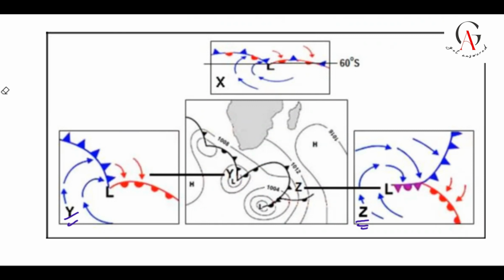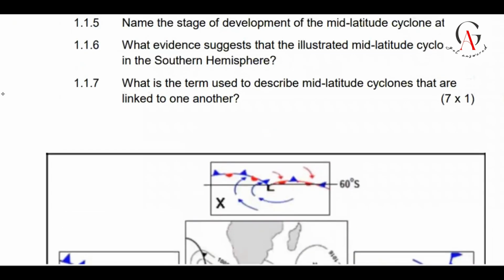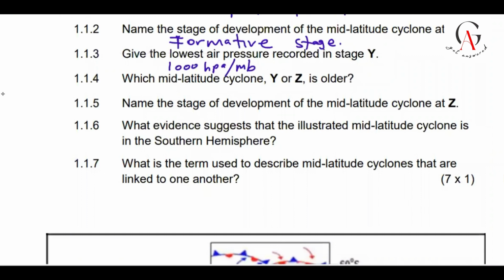Remember, this is Y at this point, and this is Z. So if they say between Y and Z, which one is older? Okay. So our answer is supposed to be Z. But how do we tell that it's going to be Z?